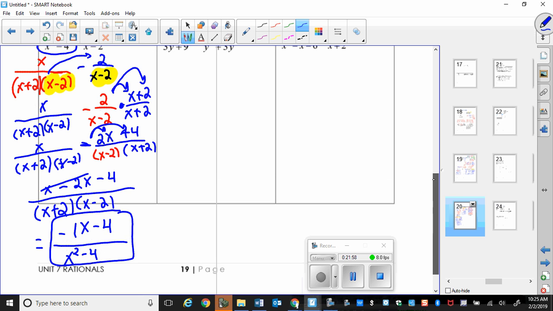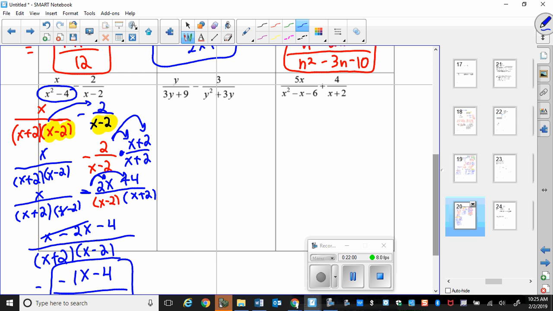Okay? At the top here, the next one, like I said before, we need to factor these polynomials if we can. So for this one, this is y over, I can factor out a 3 from 3y plus 9. 3y divided by 3 is just y, plus 9 divided by 3 is 3.